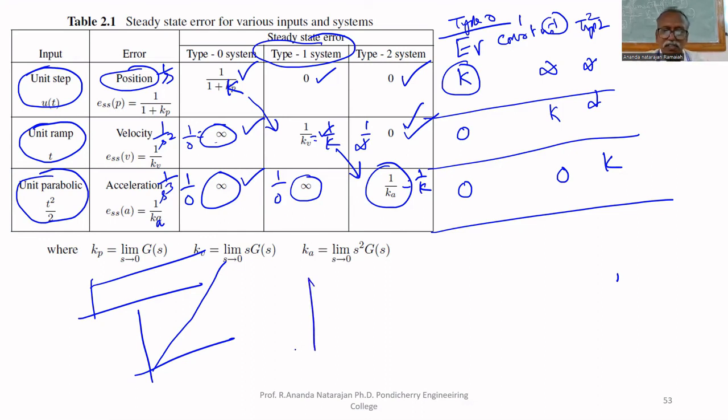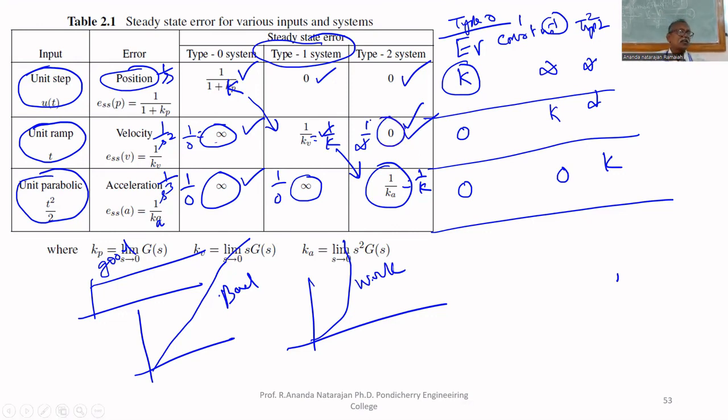In the third case, further worse, the error goes to infinity at infinity only. But if it is parabolic input, right now itself it goes to infinity. This is good, this is bad, this is worst input. For the worst input also it gives steady state error 0 if it is a type 2 system.